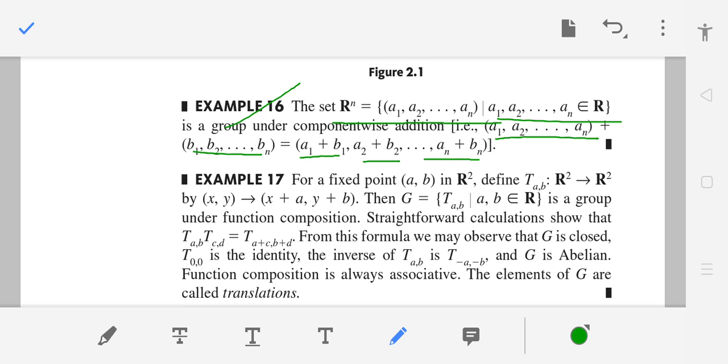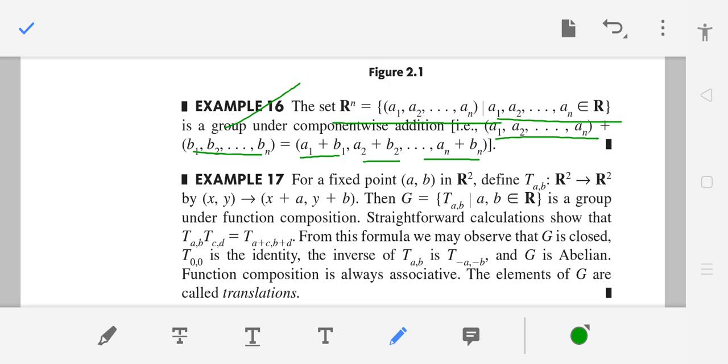Associativity you can check. Commutativity too, so it is an abelian group. Closure as well, and the inverse is (minus a1, minus a2, ..., minus an), because when you add it to (a1, a2, ..., an), it is again 0. So it's all an easy concept.